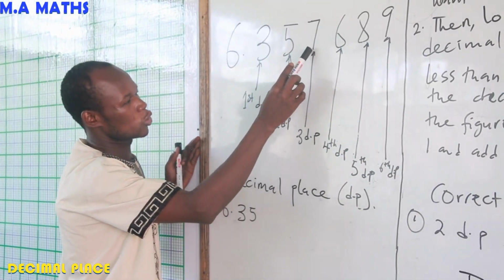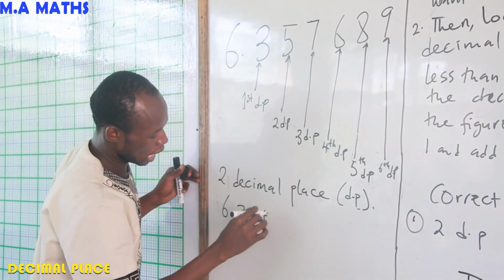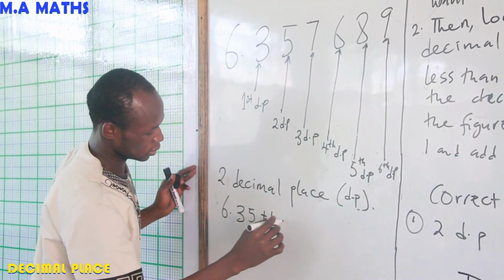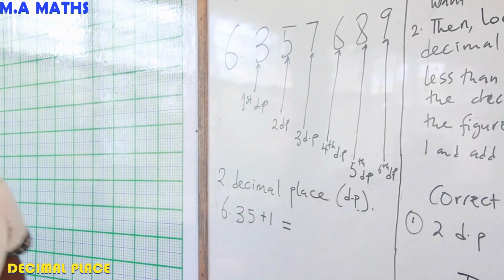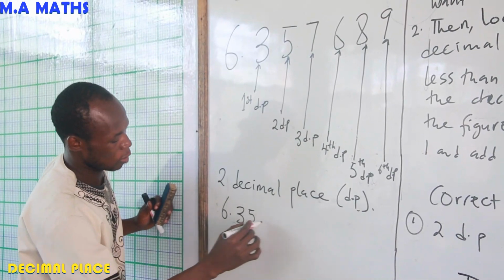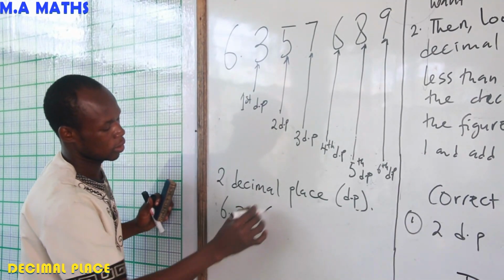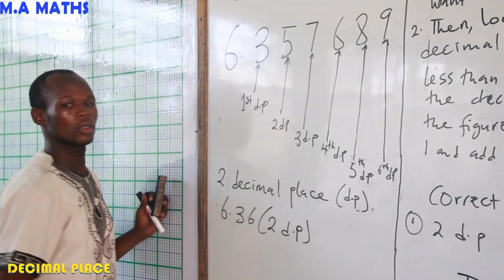So we round the 7 to 1 and add it to the 5. Because we rounded it to 1, we are supposed to have 6. And this now gives us 2 decimal places.